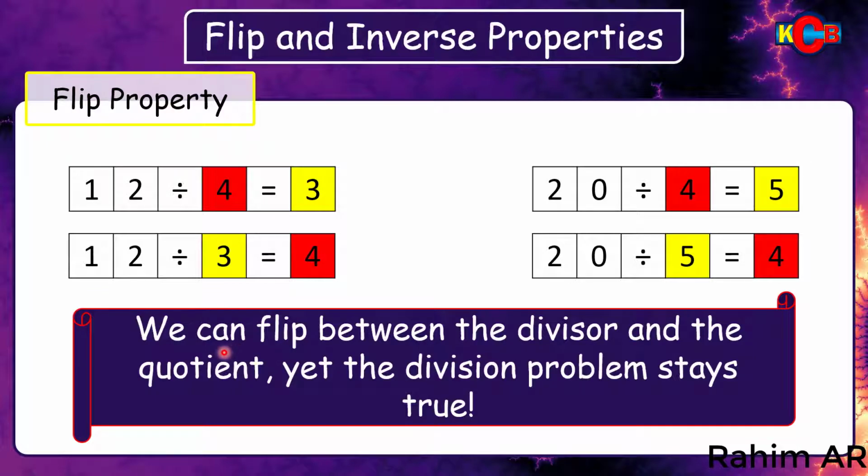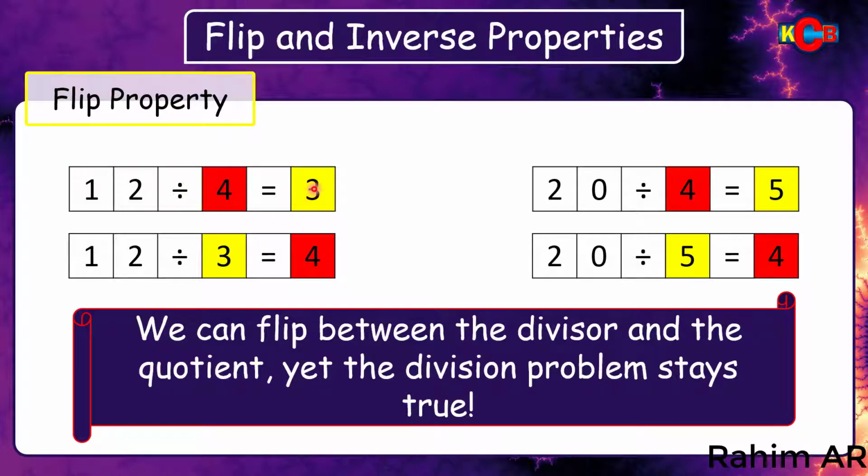In division, we can flip between the divisor and the quotient, yet the division problem stays true, like in this first example. 12 divided by 4 equals 3. 4 is the divisor and 3 is the quotient.